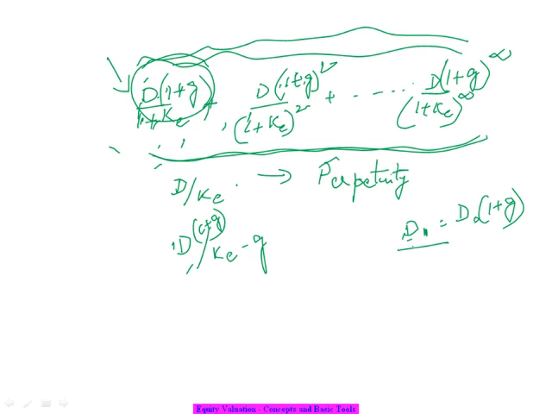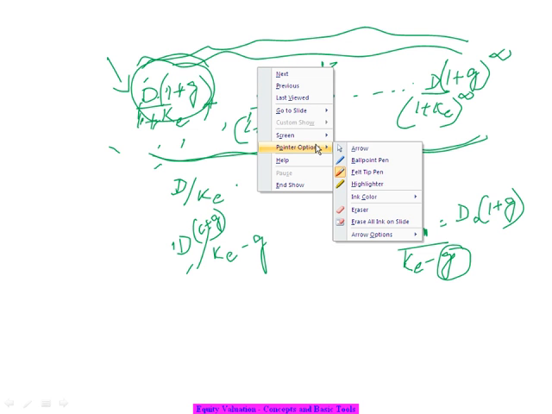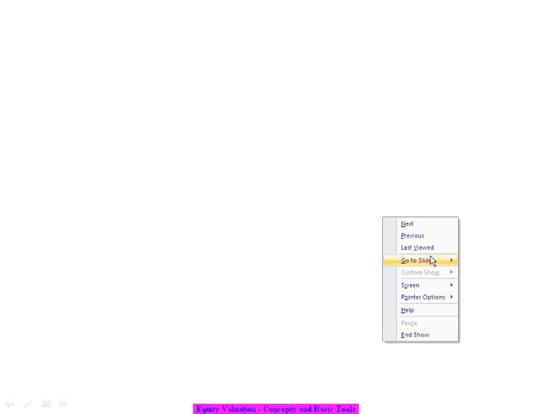Ke minus G is in the denominator. If G is 0, which means no growth in the dividend, that will work out to our earlier formula D by K. So these are the two common formulas, especially if there is an infinite period coming in.